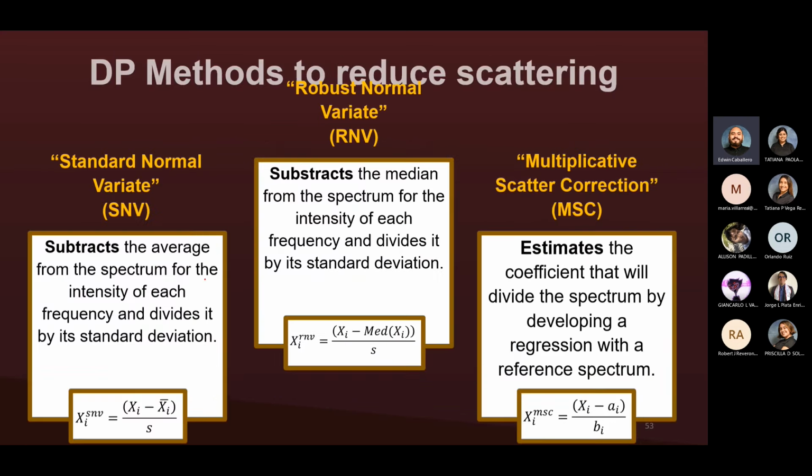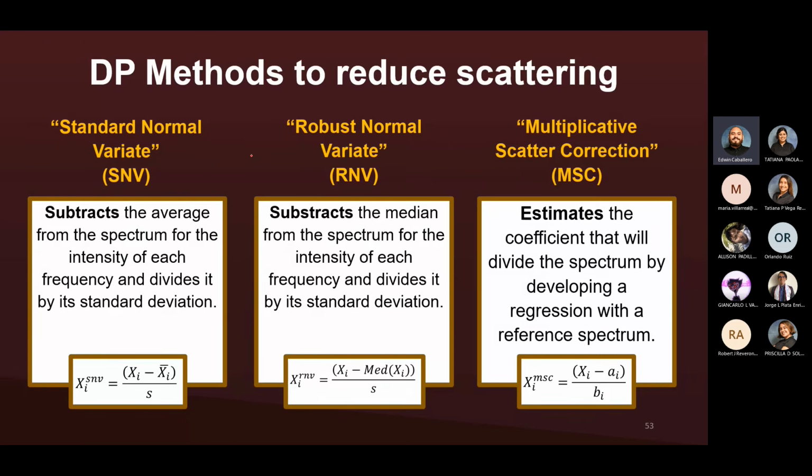So there are 3 different algorithms you can use to reduce scattering. The first one, and the one that I use the most, is standard normal variate. What happens with standard normal variate is that you have your spectrum, and the spectrum is composed of different points.